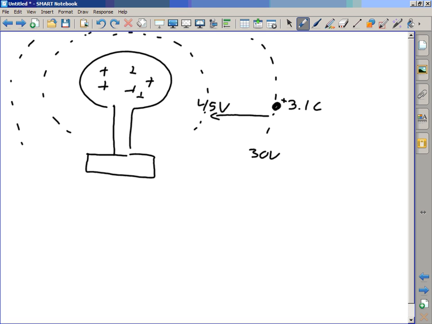Well, work equals negative Q delta V. That's work equals negative 3.1 times V final minus V initial, which is what? 15. Does everyone see that? V final minus V initial, 15.